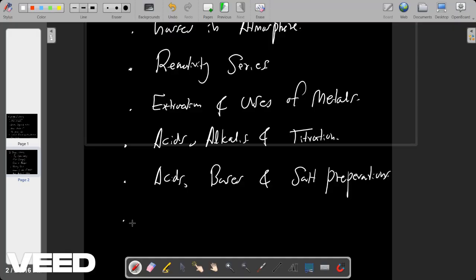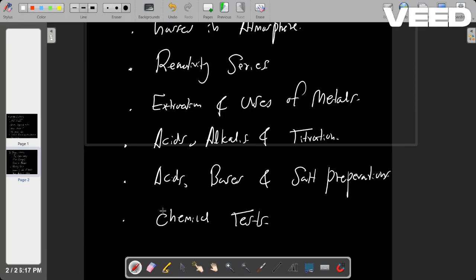And then we are learning about some practical chemical tests to identify some of these elements and gases. Chemical tests. Okay, right?